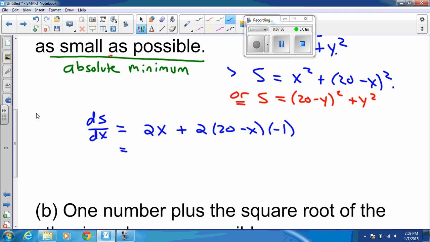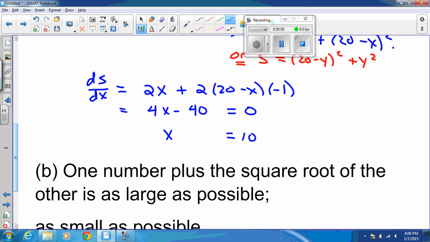When we clean this up, you can see that ds/dx is equal to 4x minus 40. Now to find critical points, we set equal to 0 and solve for x. And when we do, we get x equals 10 is the single critical point for our function.